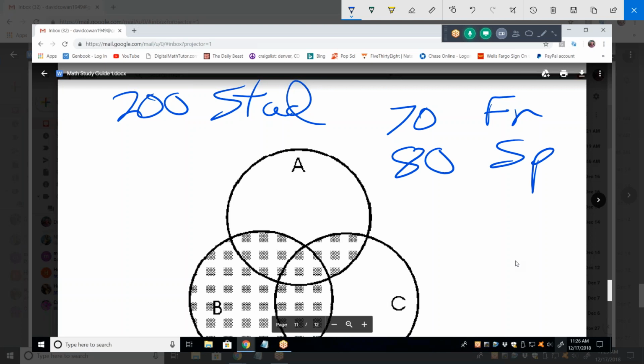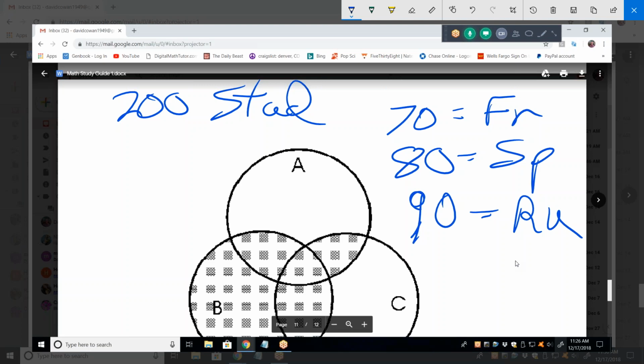And you have 90 people that take Russian. Okay. Now, obviously, since there's only 200 students and we've got a total of 240 people taking these classes, some of them must be overlapping. You must have some students that take French and Spanish.